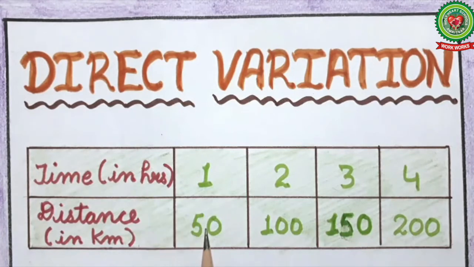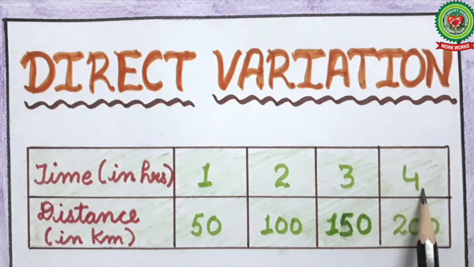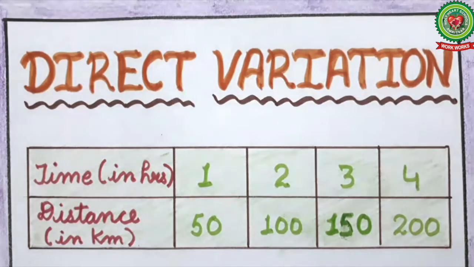Let's understand it with the help of this table. In this table, first column shows time in hours and in second column distance in kilometer is written. As you all are observing here, for 1 hour distance is 50, 2 hours distance is 100, for 3 it becomes 150 and for 4 it becomes 200.